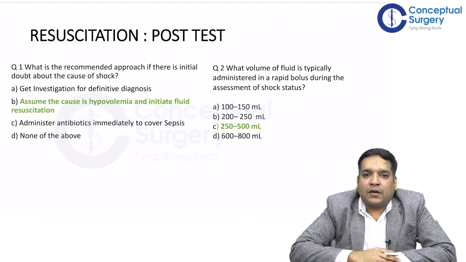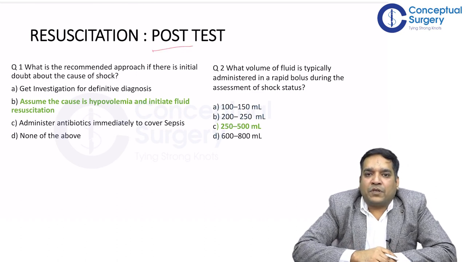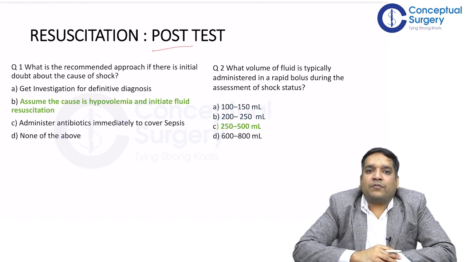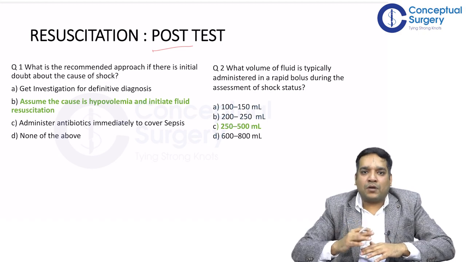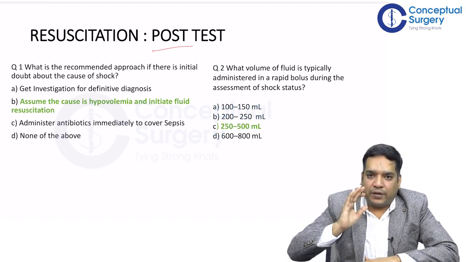So now the answer to question number 1, this is a post-test. What is the recommended approach if there is an initial doubt about the cause of shock? Assume the cause is hypovolemia and initiate resuscitation, right? This is the answer. We should not search for diagnosis and our resuscitation should start immediately, and if there is no initial cause of shock, we should assume it is hypovolemia and start the fluid therapy, right?